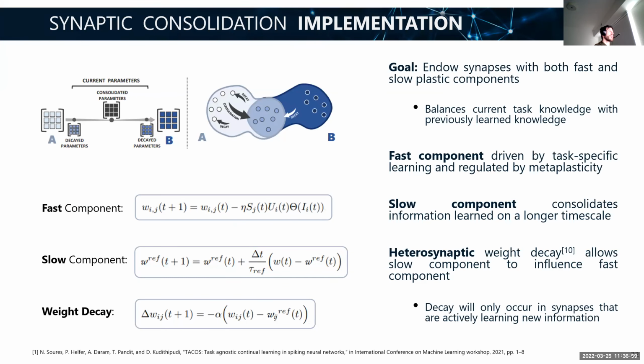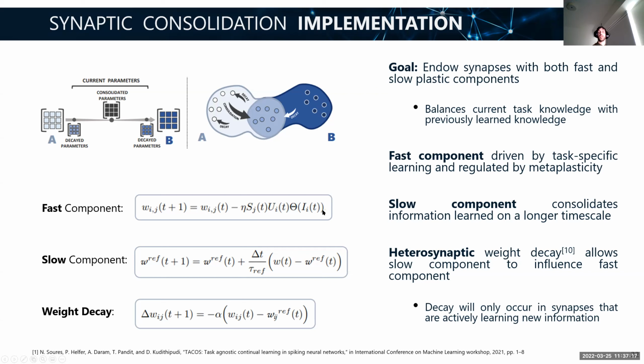So the way we do this, we have a fast component, which we can consider as your traditional weight in a neural network. This learning rule looks all fancy, but it's basically just backpropagation for spiking neural networks.